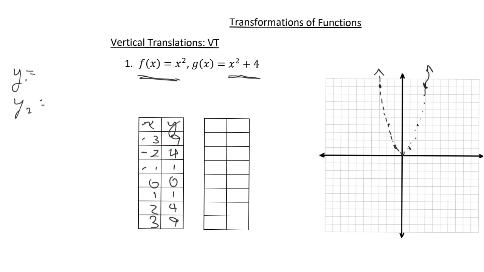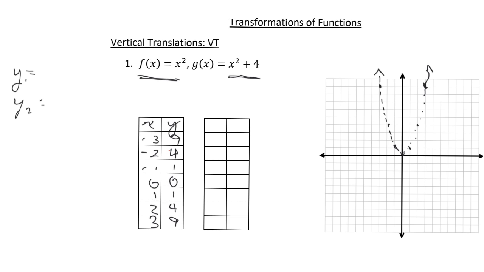g of x is the same function, but 4 has been added to it. So that gives us a vertical translation. If we look at that using our graphing calculator, we'll see that it gives us that same shape of graph, but it's been bumped up.